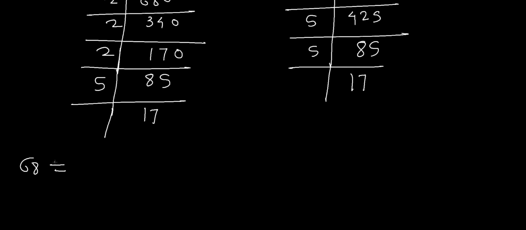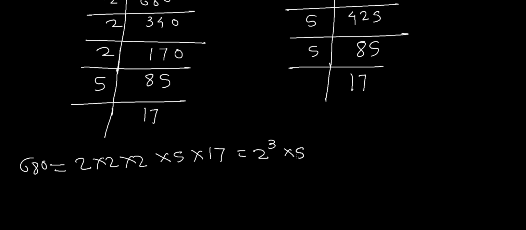So here we get 680 as a product of 2 into 2 into 2 into 5 into 17, that is, 2 three times, 5 one time, and 17 one time.